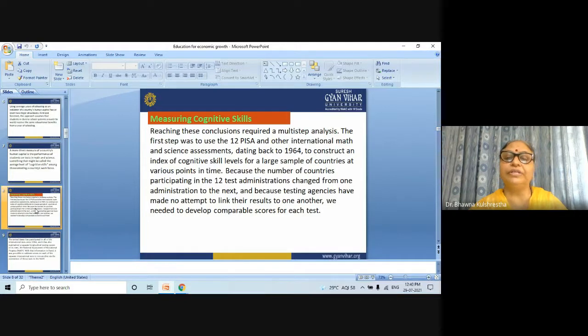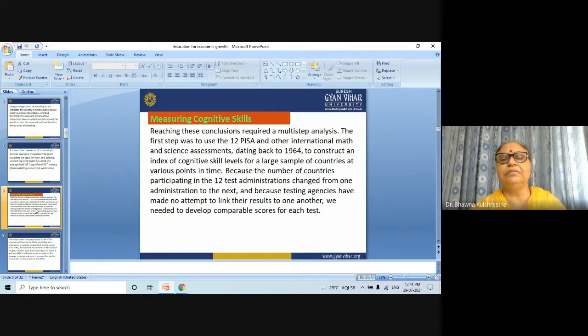Because the number of countries participating in the 12 test administrations changed from one administration to the next, and because testing agencies have made no attempt to link their results to one another, we needed to develop comparable scores for each test.